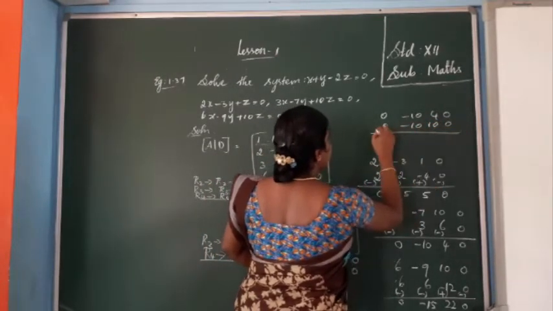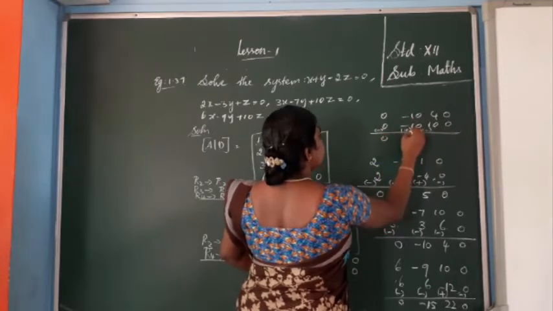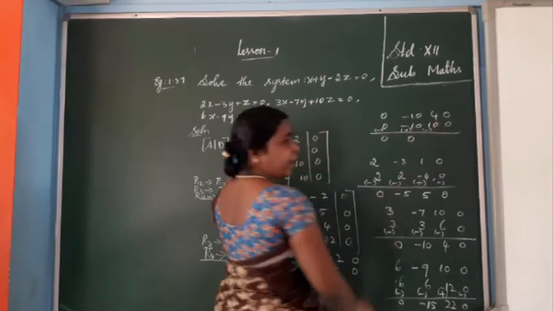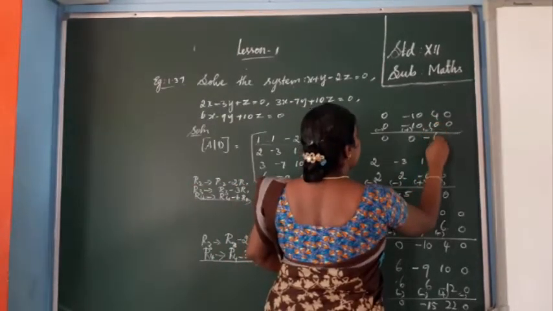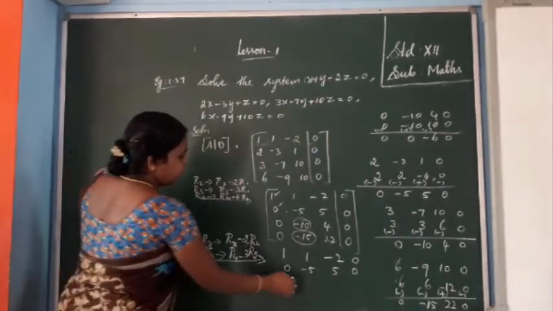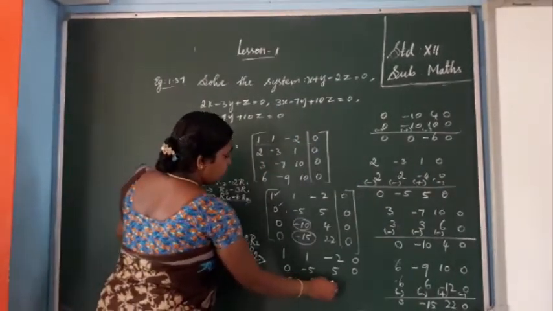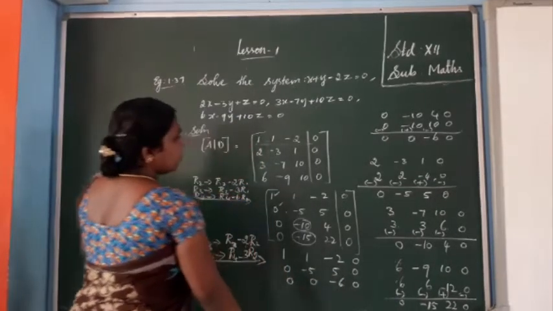Now you subtract. 0, and minus 10 minus minus 10 is 0. 4 minus 10 is minus 6. So the value is 0, 0, minus 6, 0. Okay, next one.